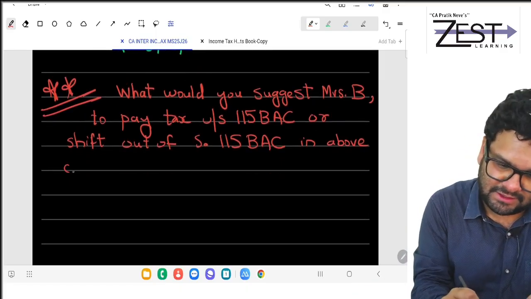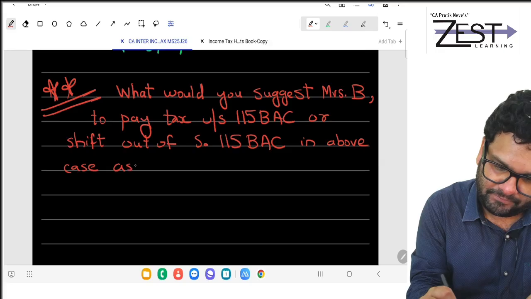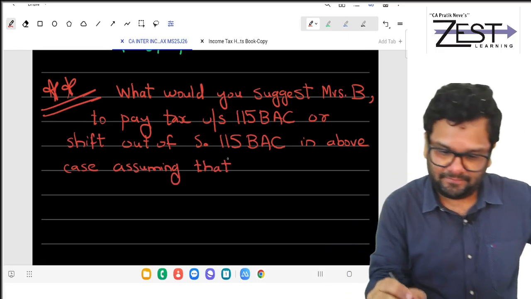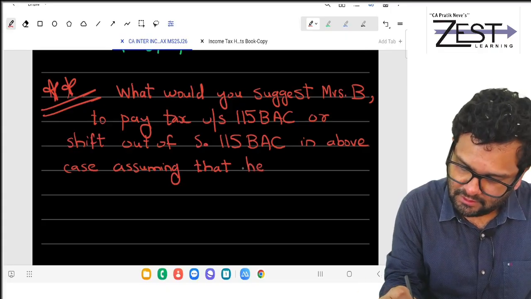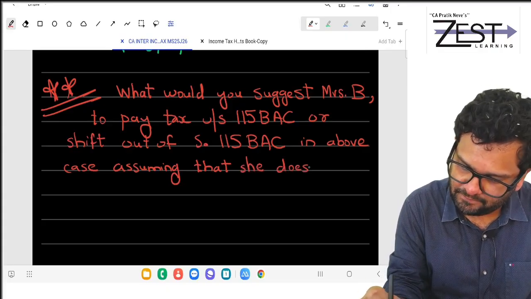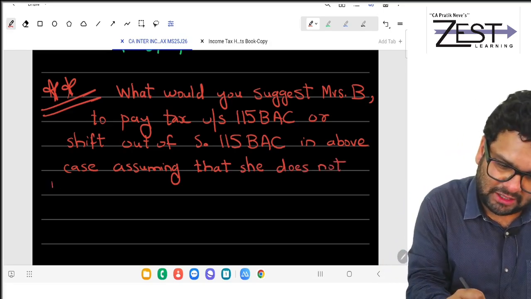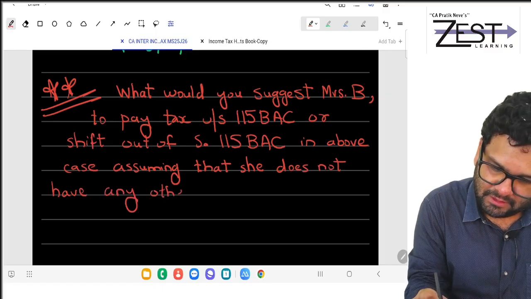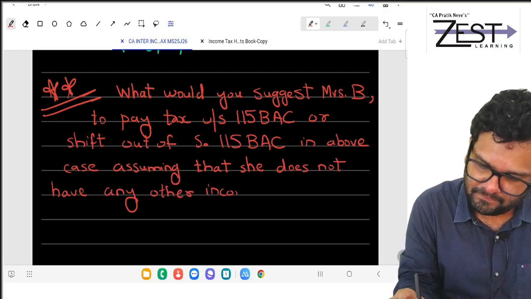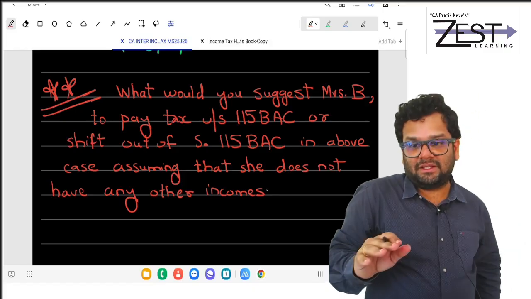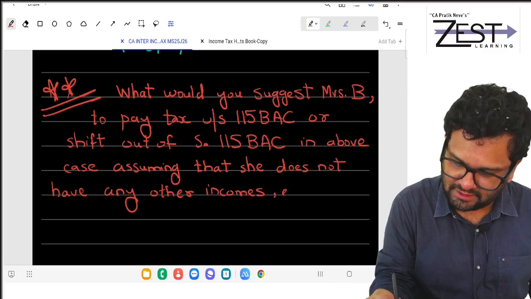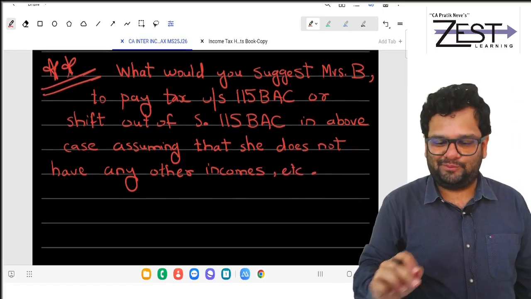In above case, assuming that she does not have any other income. She does not have any other incomes, etc. What will you do?